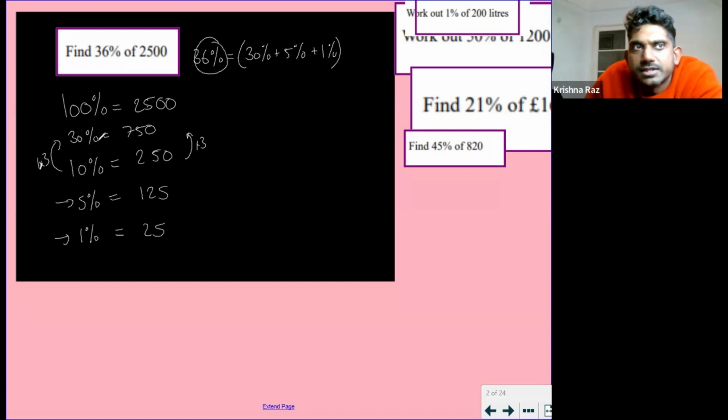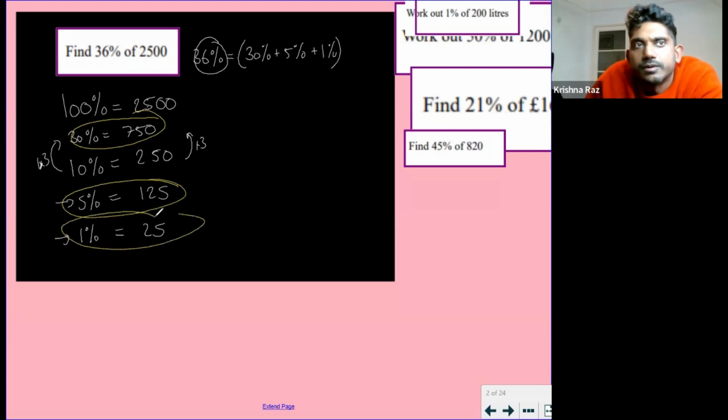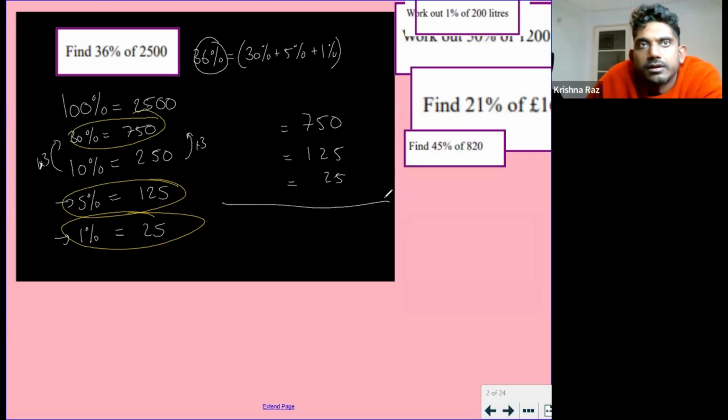So to get 36%, we need this one and this one. So we have 750 plus 125 plus 25, which was 30%, 5%, 1%.